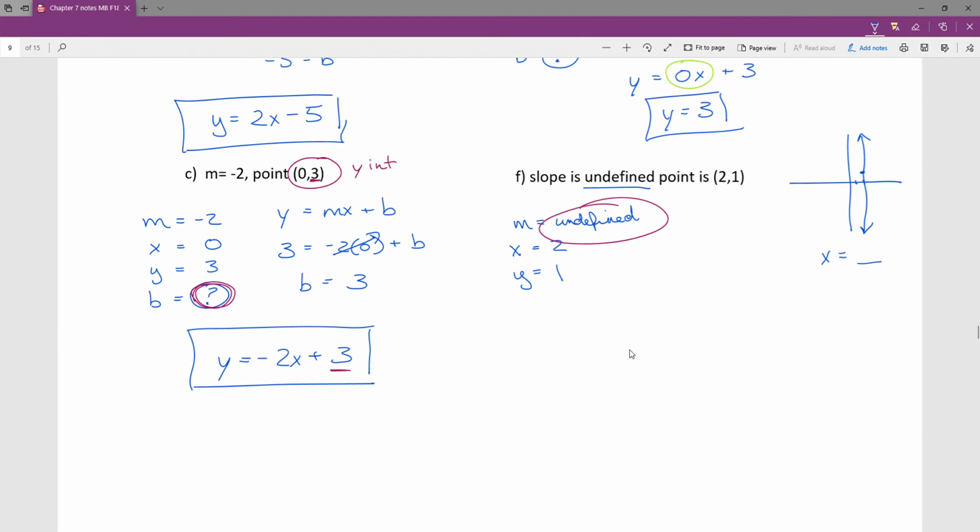We've already got through the fact that it had an undefined slope. Here, the x is always stuck at 2, right? It's going to be a line at 2. So really the best you can do, rather than having a big old sub-in party, because you couldn't with this, is just go back to the conceptual understanding and give the equation of the line that x equals 2, because that's all it would be.